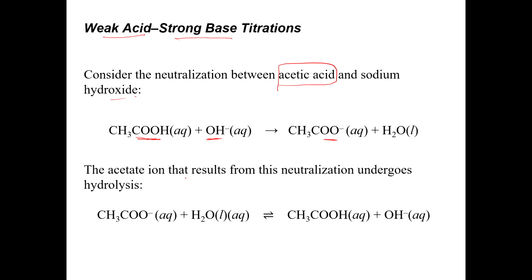This acetate ion also undergoes hydrolysis. Water will react with the acetate ions and produce acetic acid and OH minus ions. This is because with weak acids the reaction will not be complete, or all the reactants are not going to be converted to products.